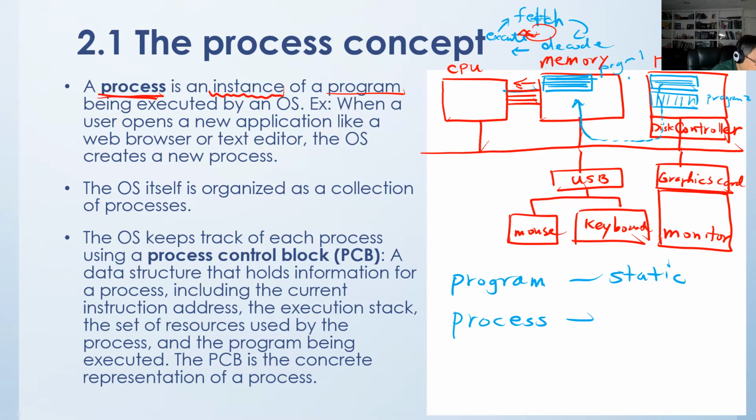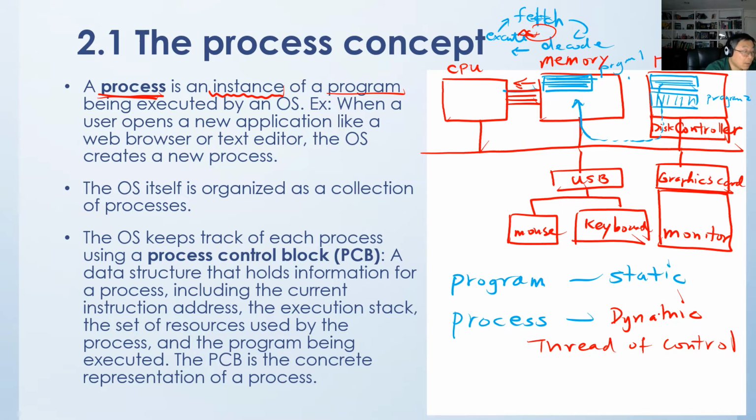So a process is a dynamic thing, and sometimes it's called a thread of control. Once the program is loaded in memory and starts to run, it runs following the order of the instructions. That's called a thread of control.